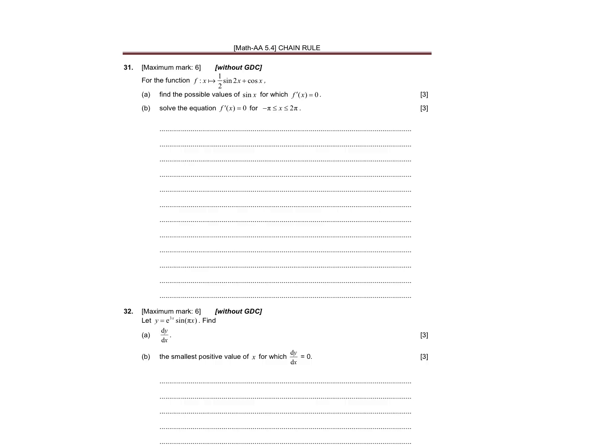All right, 31. For the function, find the possible values of sine x for which the derivative is 0. Okay, so we need to find the derivative. So we're going to have 1/2 cosine 2x times 2, which cancels, minus sine x. And we want this equal to 0. So we need to switch cosine 2x to a sine.